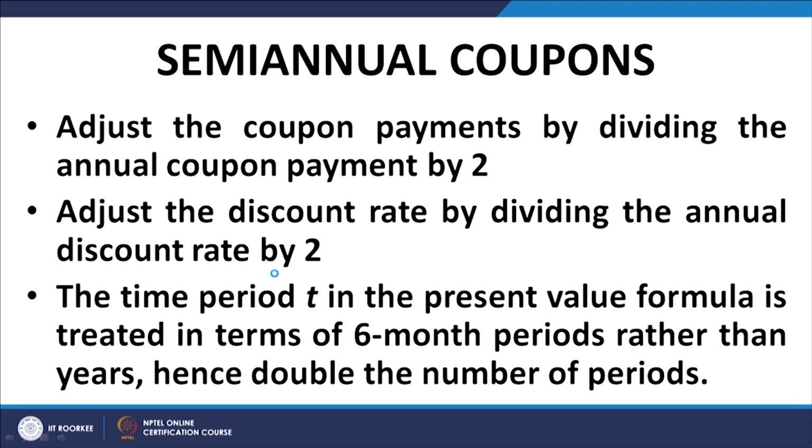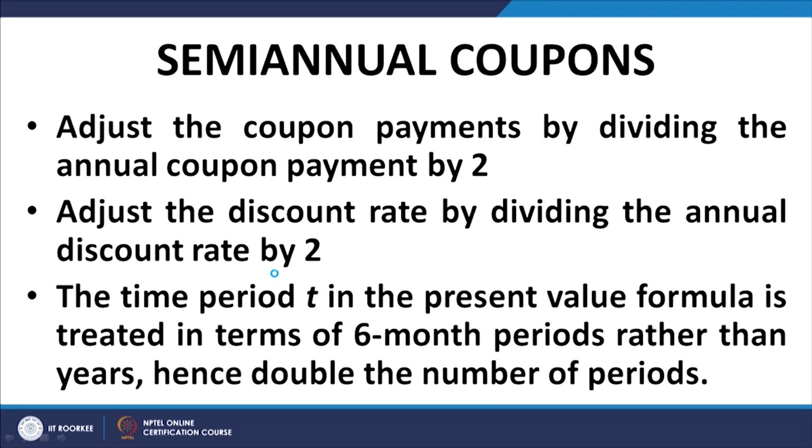The second step is that the coupon rate must also be divided by 2, because usually the coupon rate is expressed by doubling the interest rate that you are going to pay for the half year. That is the convention that applies in the bond markets, and therefore, if it is a 6% bond paying 6% per annum interest coupon rate, then it must be divided by 2 and you have a 3% per semi year coupon payment.